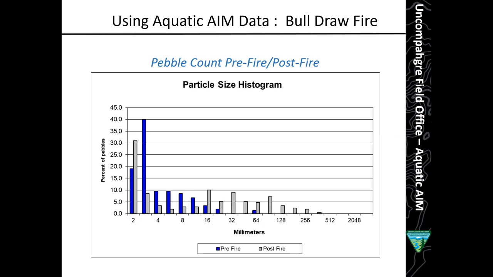Looking at the histogram of the particles, pre-fire we had a pretty good distribution of all of the particles, maybe trending more to the lower end, but had gravels all the way up to larger diameter particles. Post-fire, the gray bars, there was a reduction in some of those mid-sized gravels, trending more towards the fines or the larger particles. Next slide.